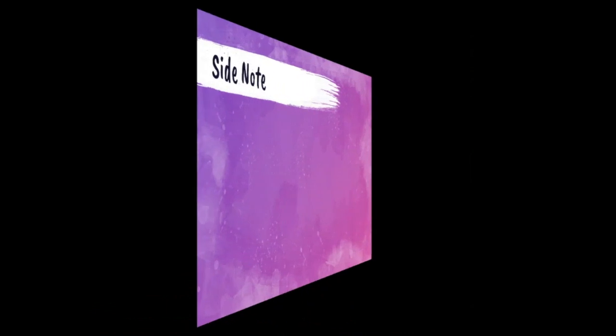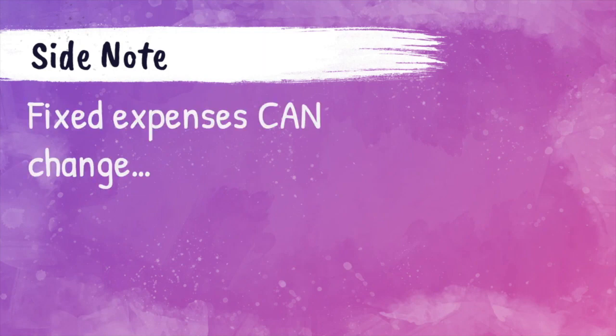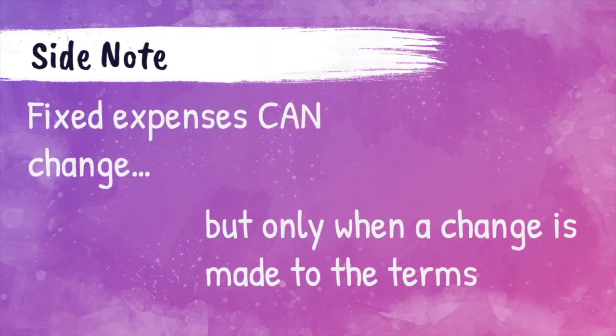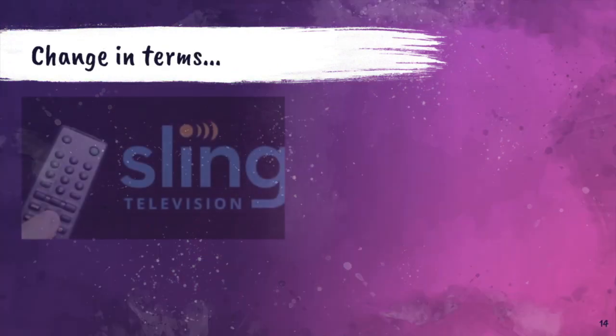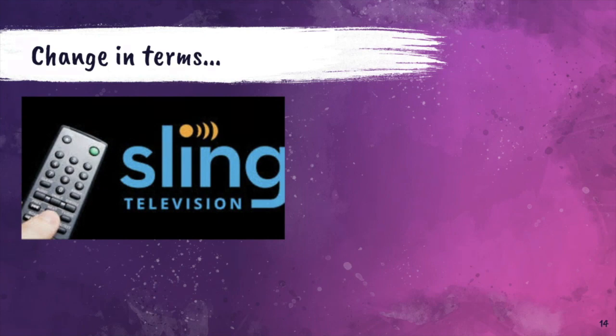All right, so now that you have an understanding about fixed and variable expenses, I want to give you a side note about fixed expenses. Sometimes fixed expenses can change, but only when a change is made to the terms. So let's talk about change in terms. For example, when I watch TV, I use Sling. When I first signed up for Sling, it cost me $25 per month.